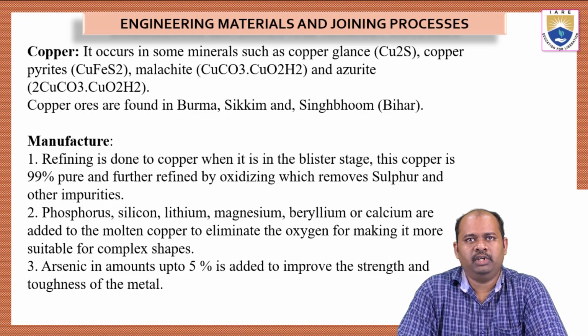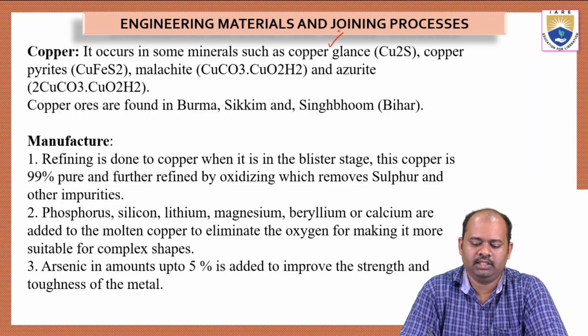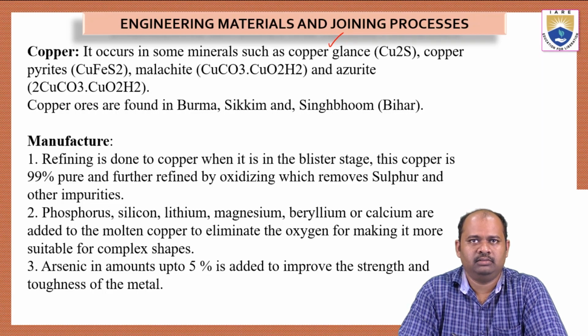Copper occurs in some minerals such as copper glance, which is one type of ore from which copper can be extracted. And then copper pyrites, malachite and azurite. These are the different types of ores from which copper can be extracted.